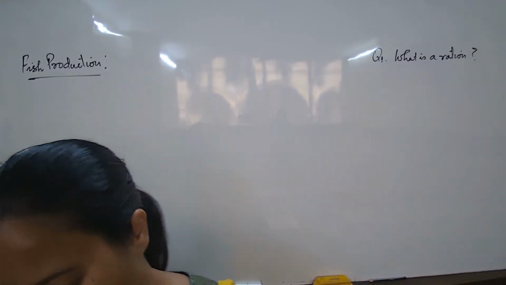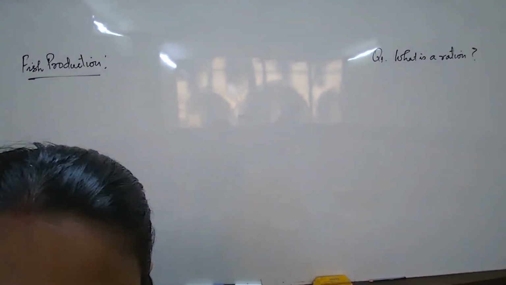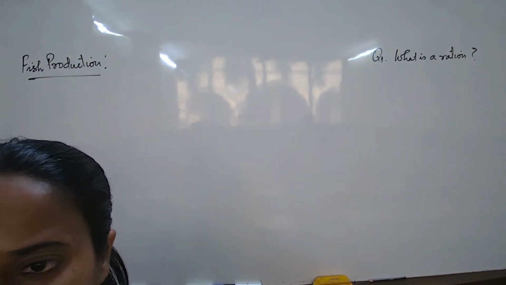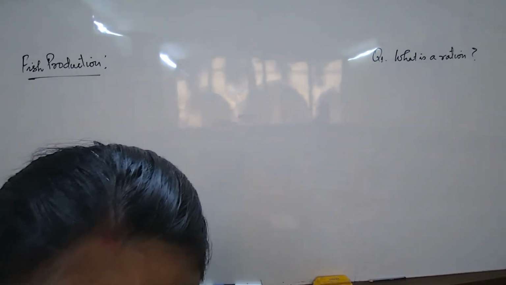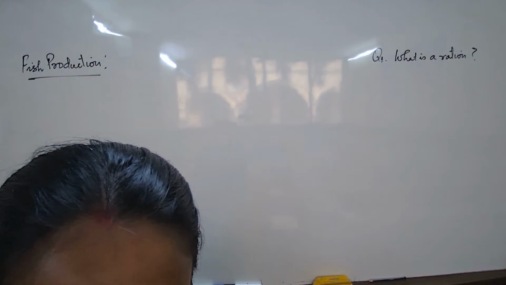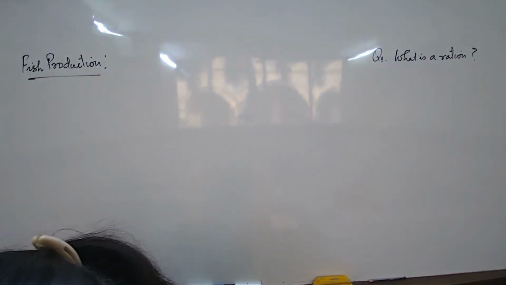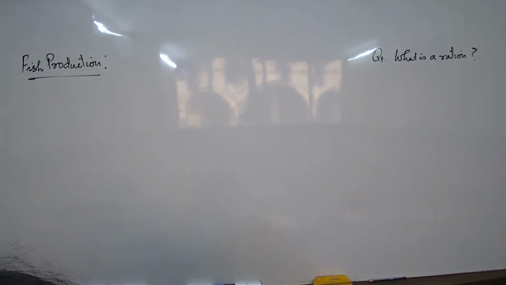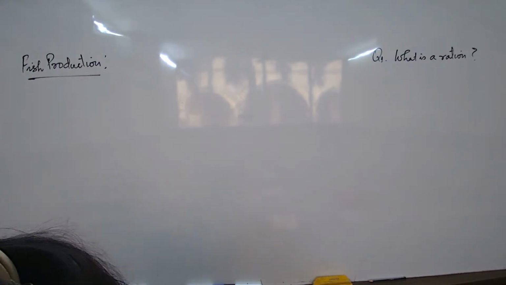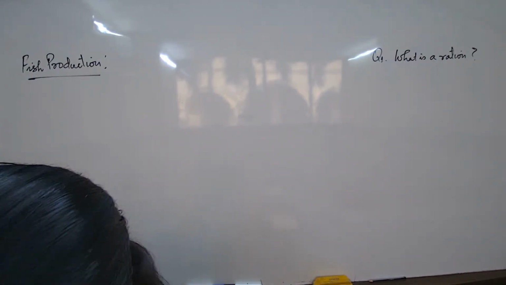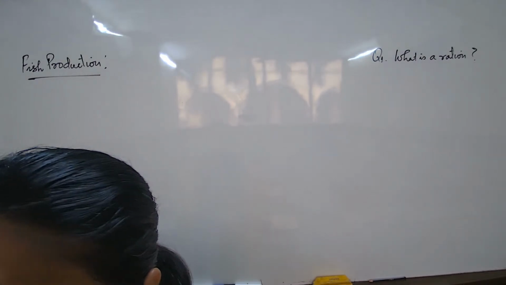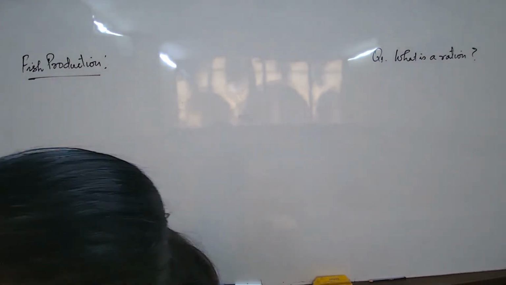We'll write fast. Number 1. What is a ration? Answer. Balanced cattle feed. You will write fast. I'm not going to wait for you. You all are too slow.